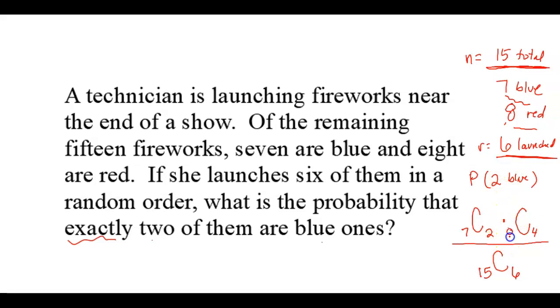And there are 8 choices for red. So I would have to multiply the probability of 2 blue times the probability of 4 red over choosing the 6 out of the 15. So this would be the formula that I would want to use to calculate the probability. Okay.